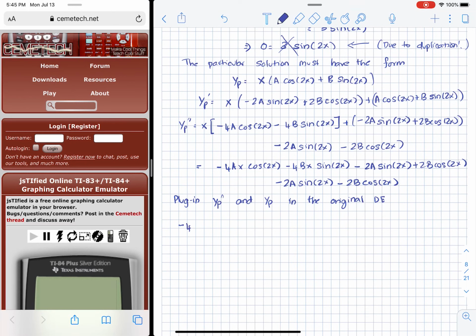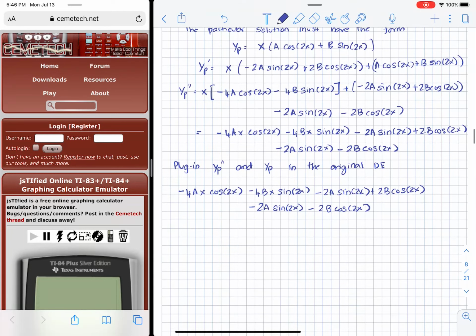So we would have minus 4ax cosine 2x minus 4bx sine 2x minus 2a sine 2x plus 2b cosine 2x minus 2a sine 2x minus 2b cosine 2x and yp, which is ax cosine 2x plus bx sine 2x, and that would equal to 3 sine 2x.